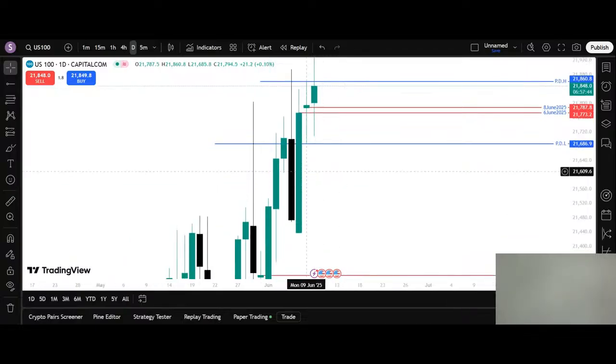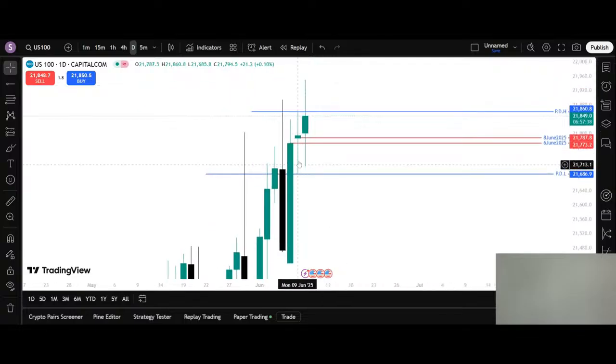See in the daily time frame, the candle of Friday pumped here. The price pumped. It was supposed to pump as I said in my last stream on Monday.